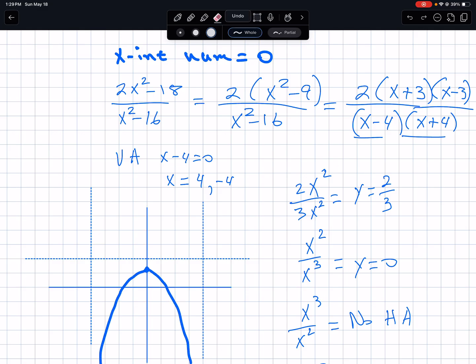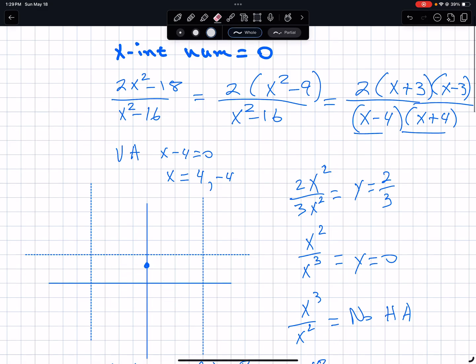It's unfortunate. Erase that part too. So we've got 3 and negative 3 as well. Erase that and that. And we've got negative 3 and positive 3.